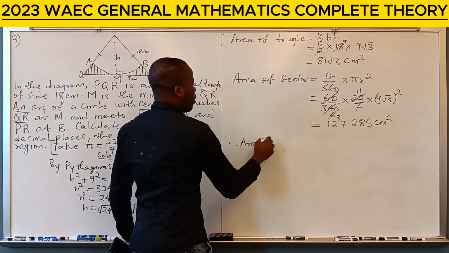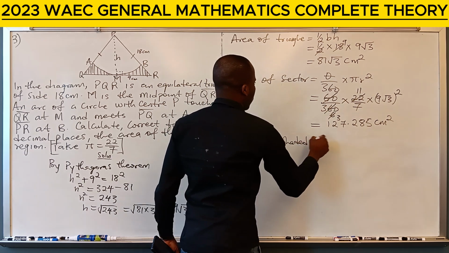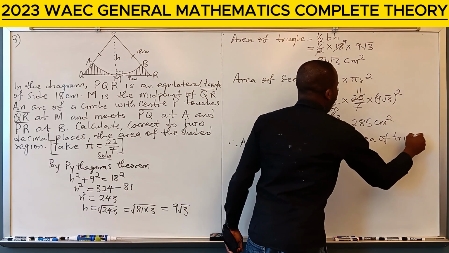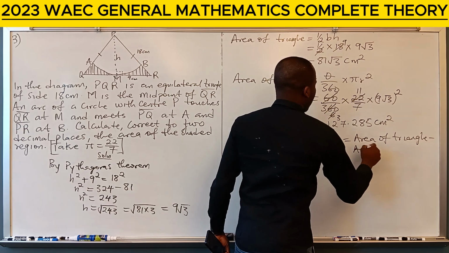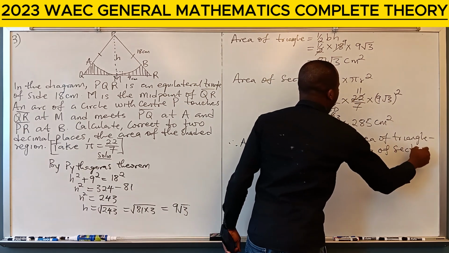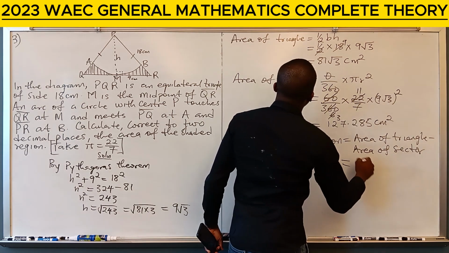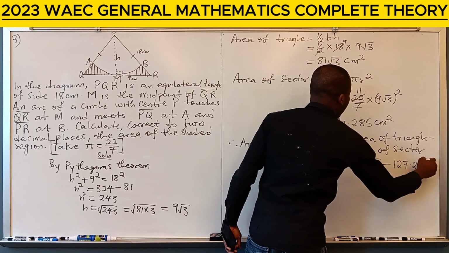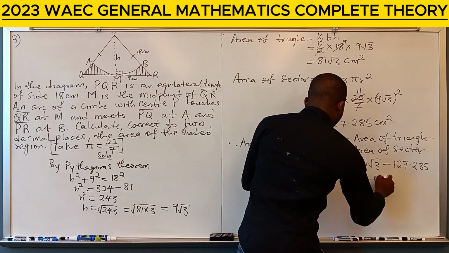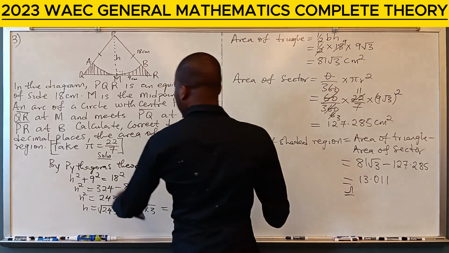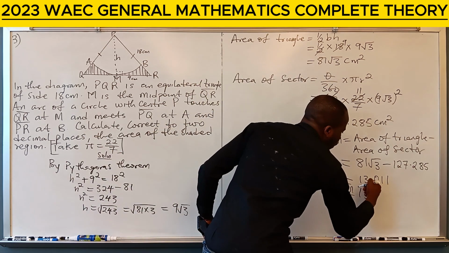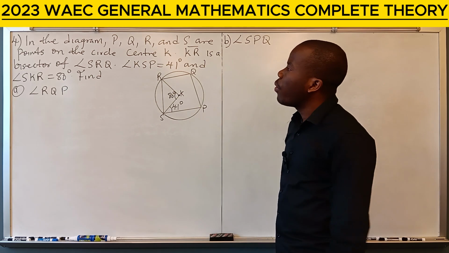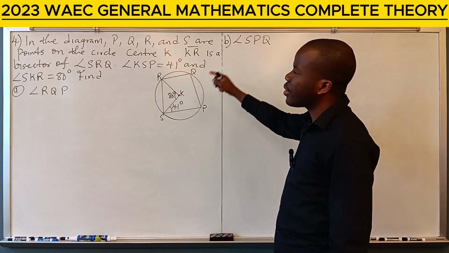Therefore, area of shaded region will be area of triangle minus area of sector, which is 81 root 3 minus 127.285, which is 13.011, and to two decimal places is 13.01 centimeter square.